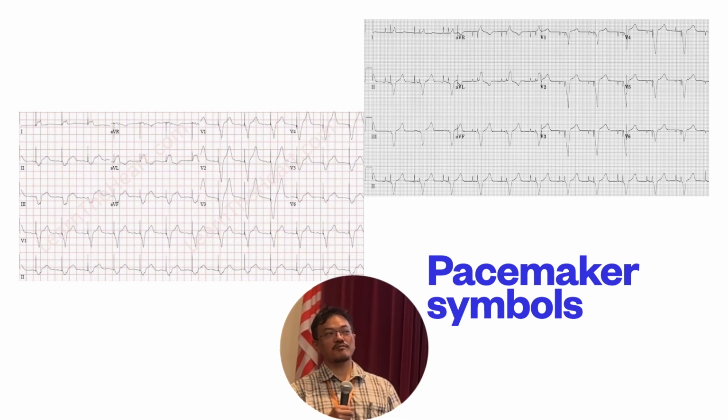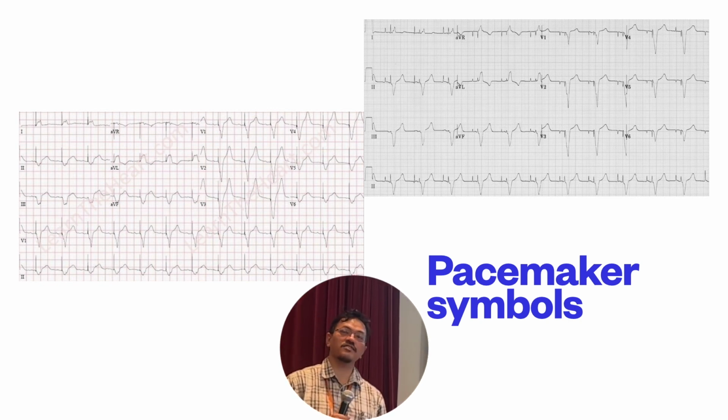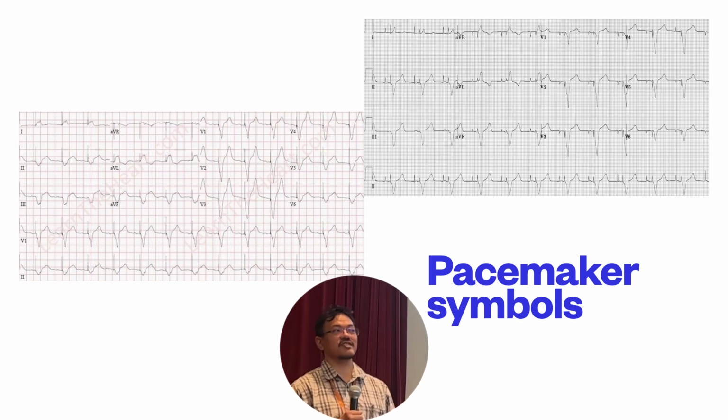But even before we talk about ICD or pacemakers, how many types of cardiac implantable devices are there when it comes to arrhythmias? How many types are there? Which types have we discussed just now?